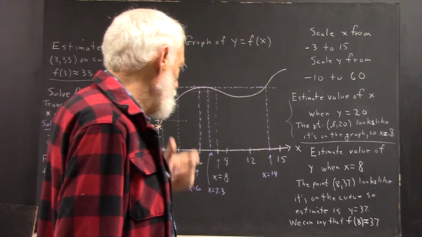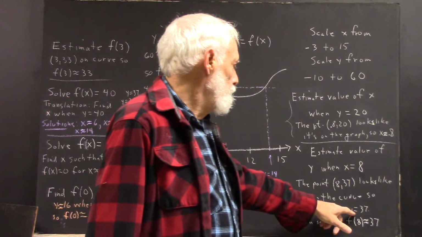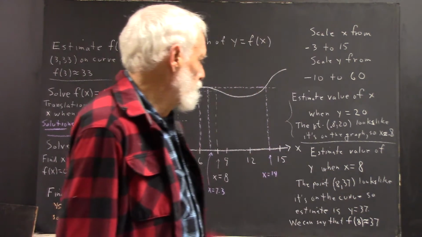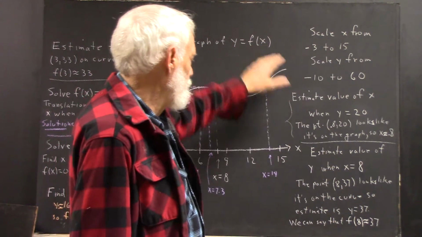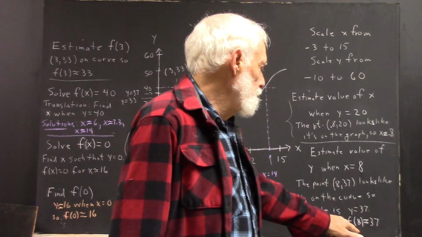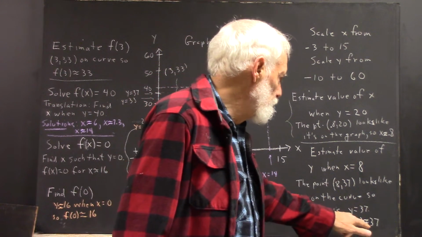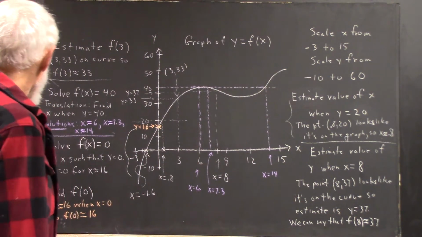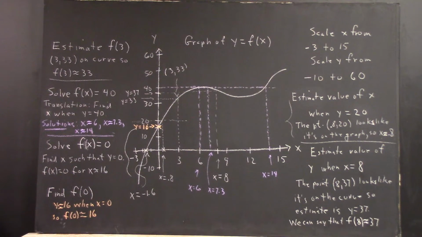Okay, so the estimate then is y equals 37. When x equals 8, y equals 37. That's the value of y equals f of x when x equals 8. And we can say that f of 8 is approximately equal to 37. We're asked to estimate f of 3.